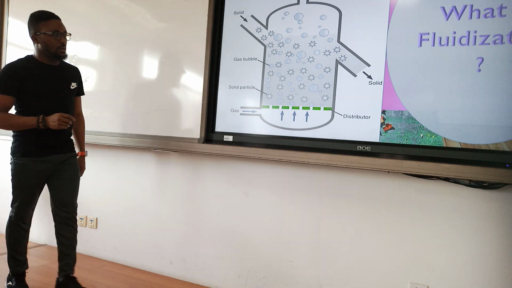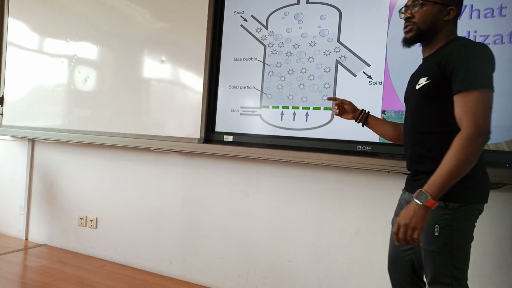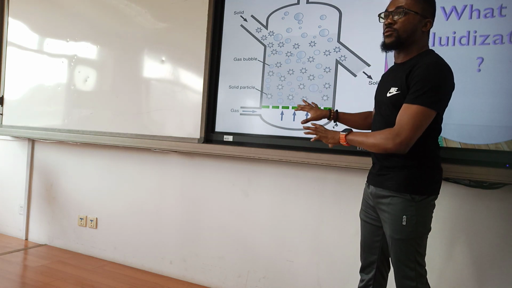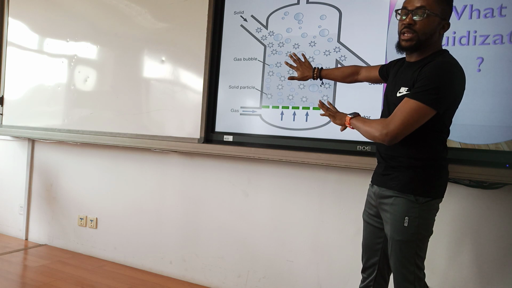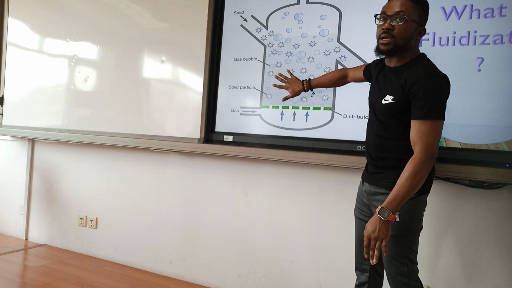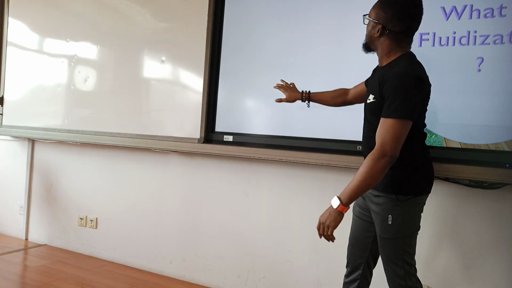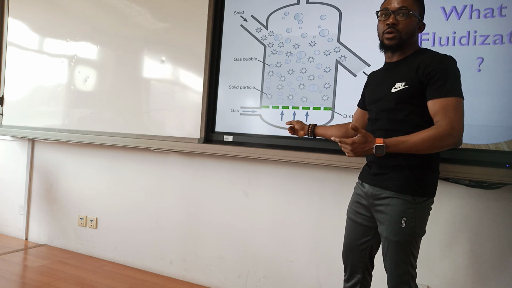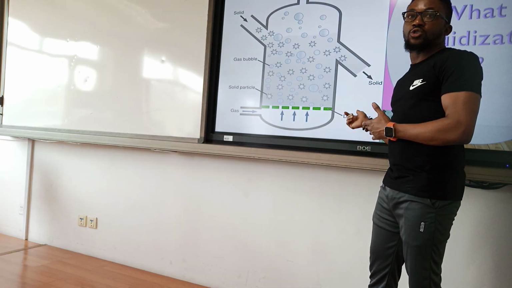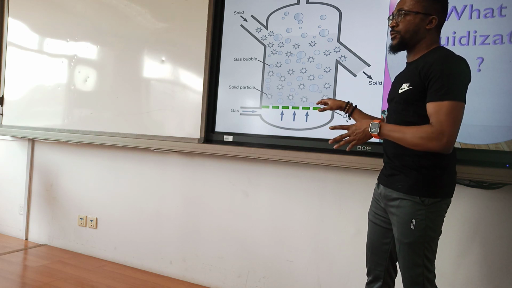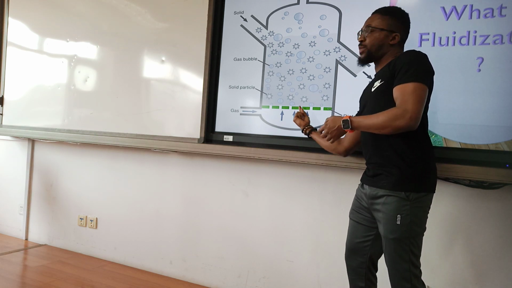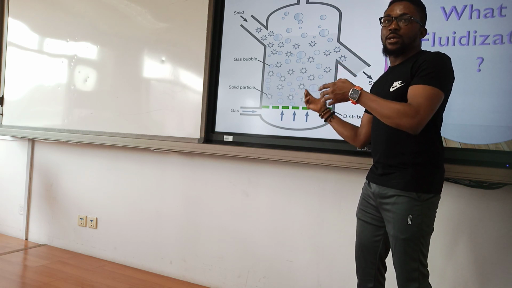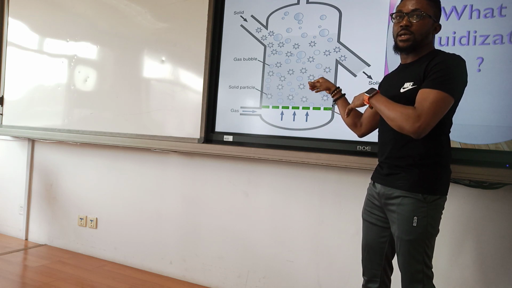If you look at this diagram, how does this mechanism happen? If there was no fluidization, I just have my solid particles here, and then I pass my fluid, which can be gas or liquid, through a distributor, maybe a perforated plate. If I pass the gas there, the fine solid will start moving in a fluid-like nature.